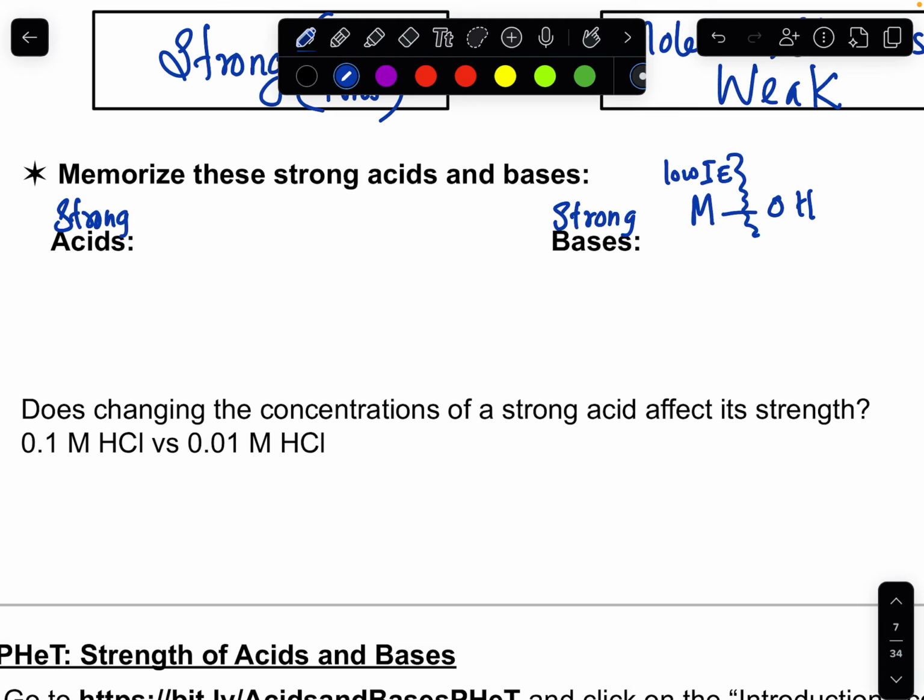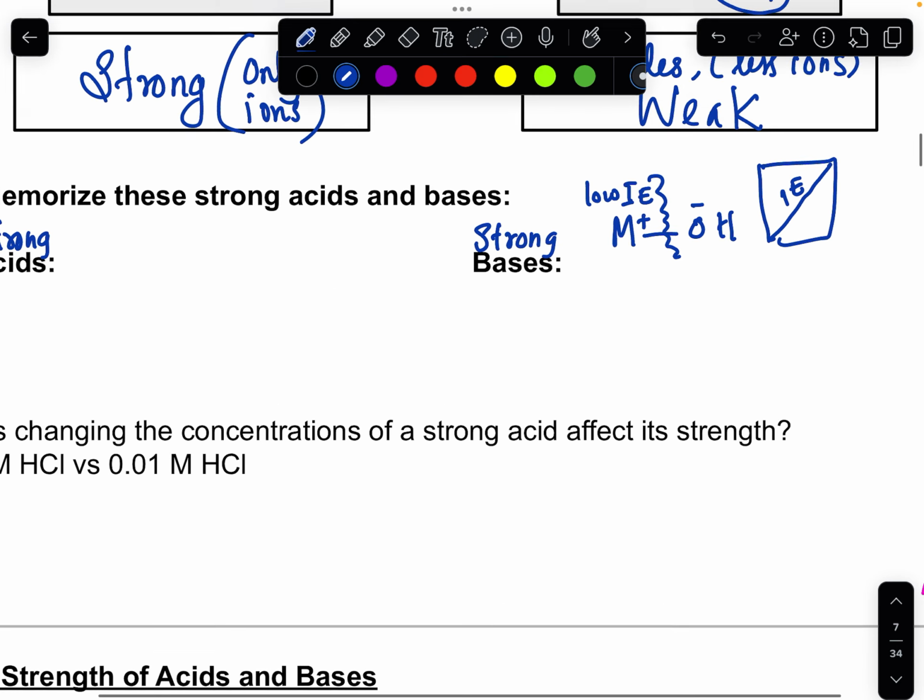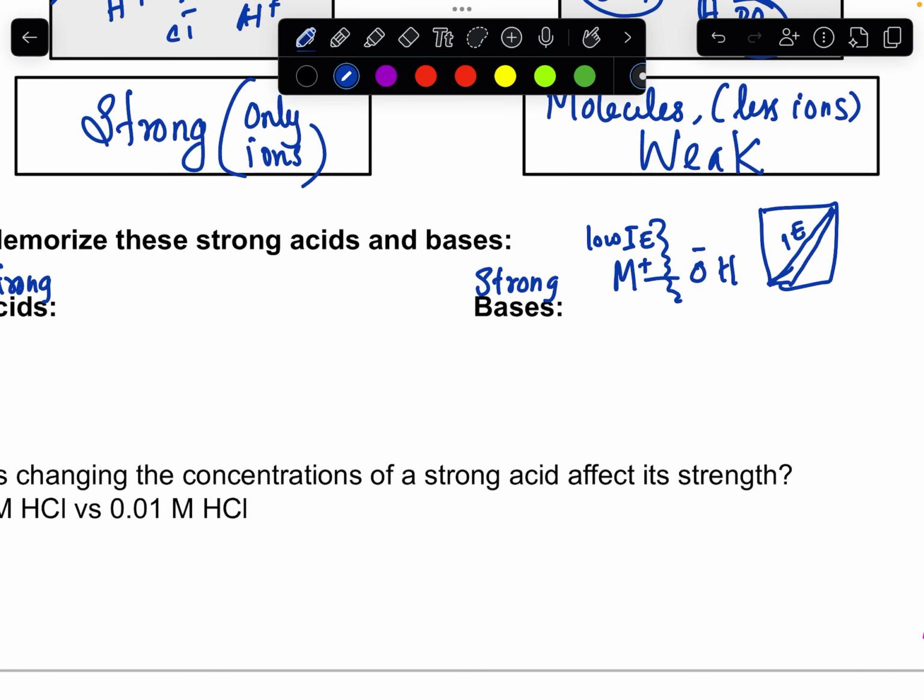Low ionization energy means they will easily break the bond, easily donating the electron to OH minus and forming M plus and OH minus. We know that on the periodic table, when you go from left to right, ionization energy is decreasing. We learned that. I don't know how many of you remember.